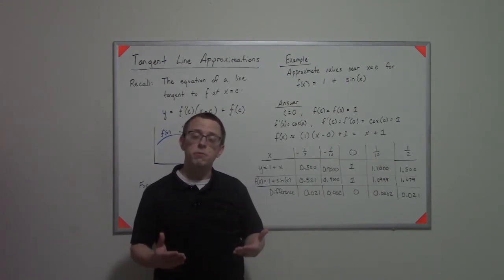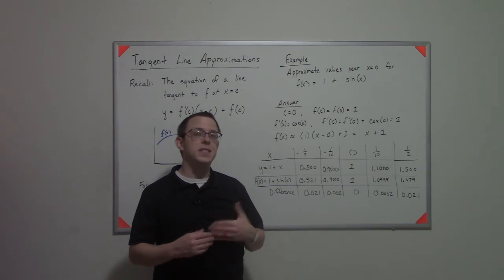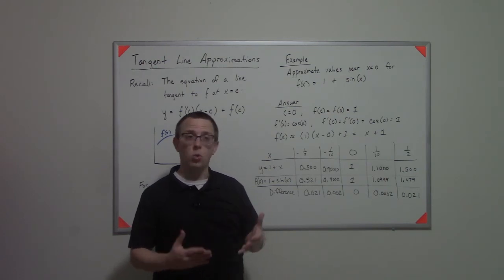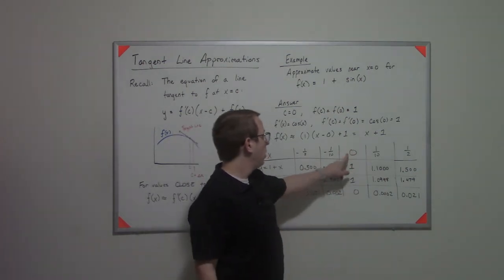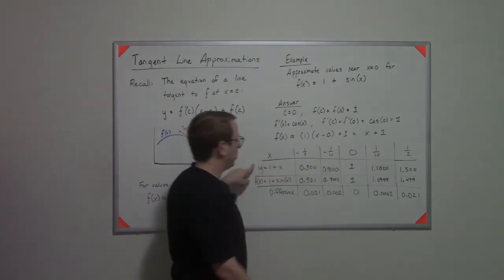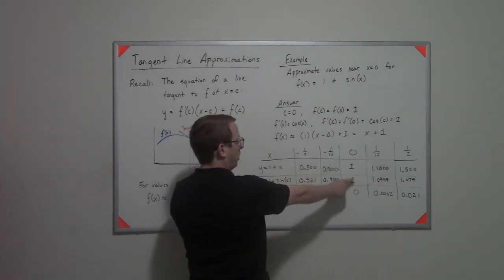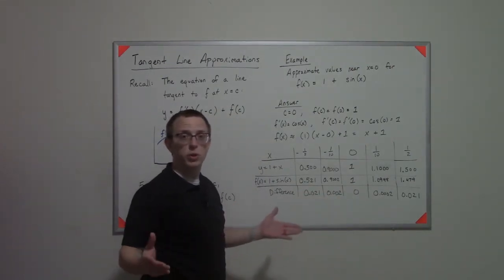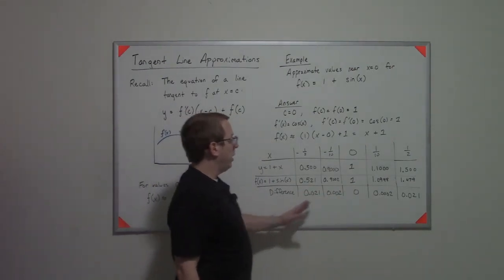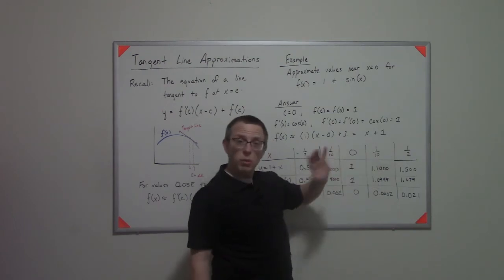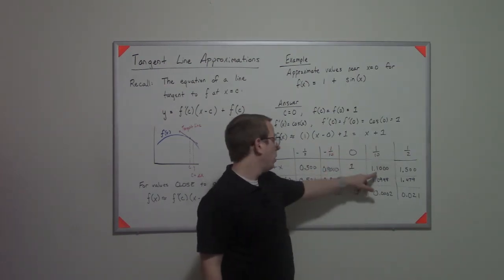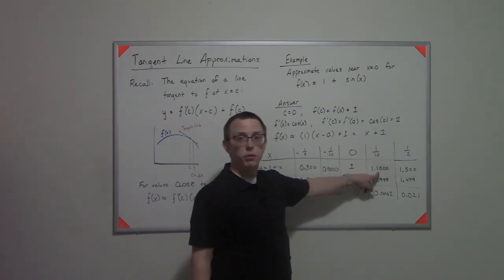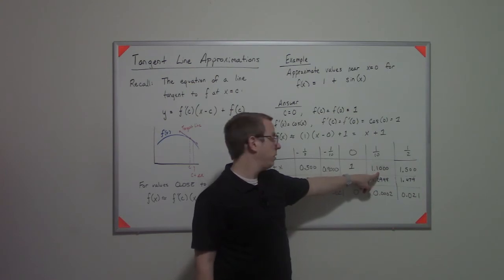And we're going to plug in some values to see if that holds. At 0, the tangent line is 1, the function is also 1, and the difference is 0. So there's no difference there. If I plug in 1/10, so I'm pretty close to 0 here, I get 1.1 for the line, because that's 1 plus 1/10.